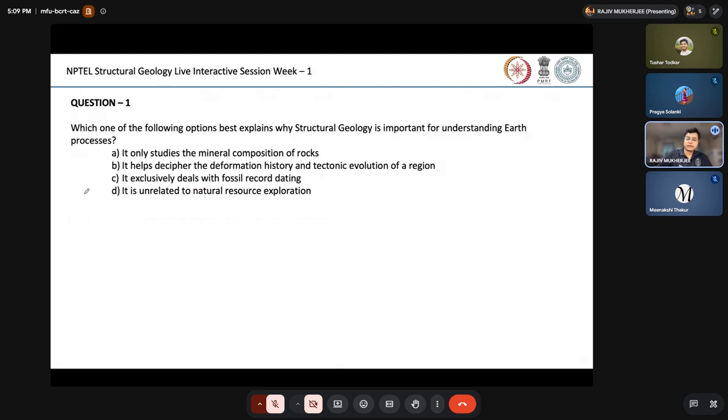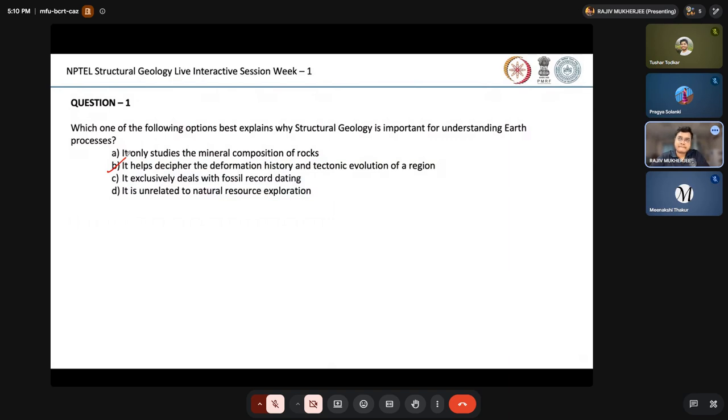Okay, so I think it is very easy. Structural geology helps decipher the deformation history and tectonic evolution of a region. Structural geology is basically the study of the different kinds of structures that we generally see in rocks, right?